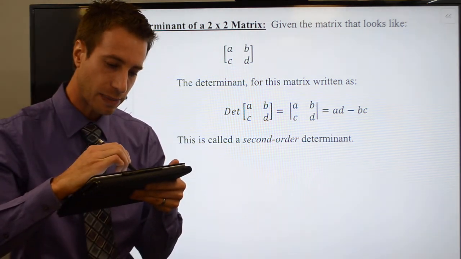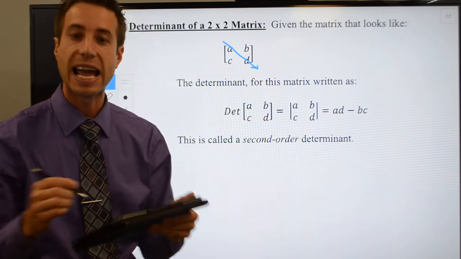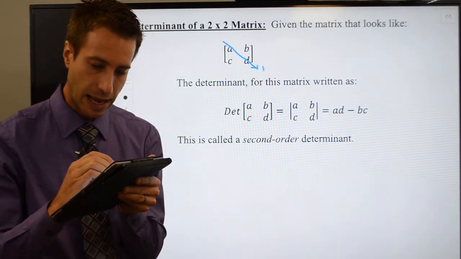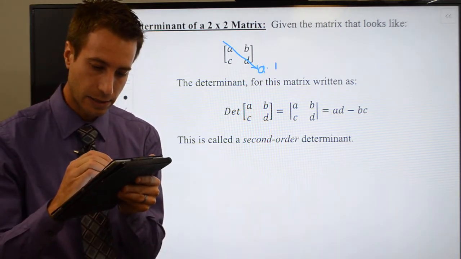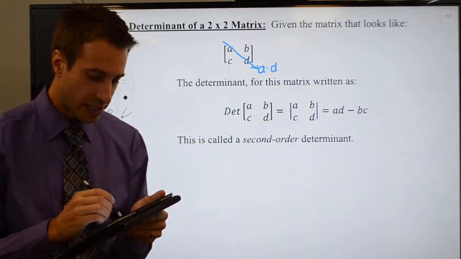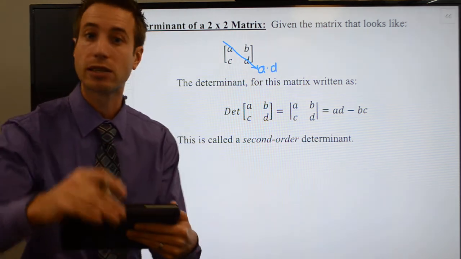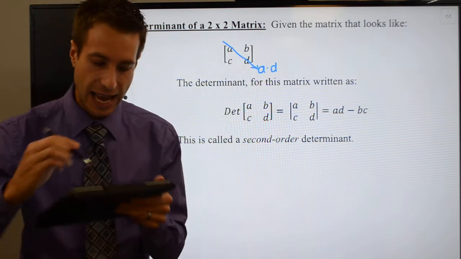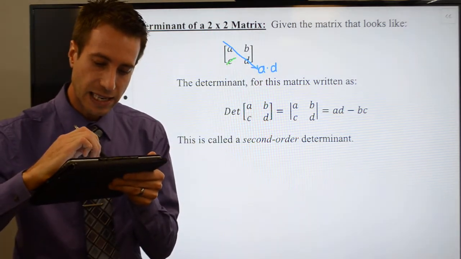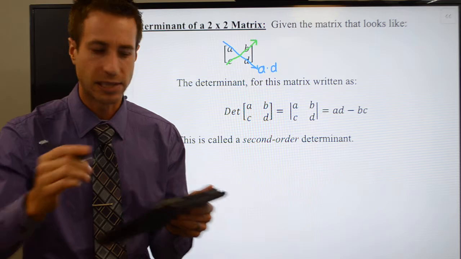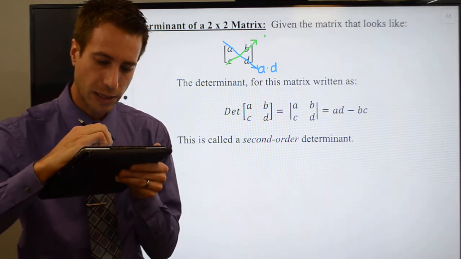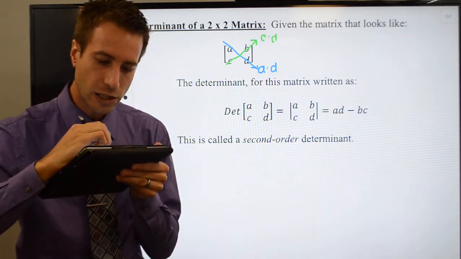That's going to be A times D. You're then going to need to find the product of the minor diagonal, which is going to be C times B or B times C, whichever way you want to write it. Remember, multiplication is commutative, so it doesn't matter.